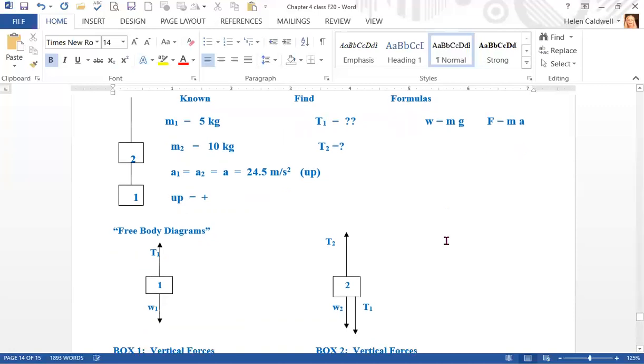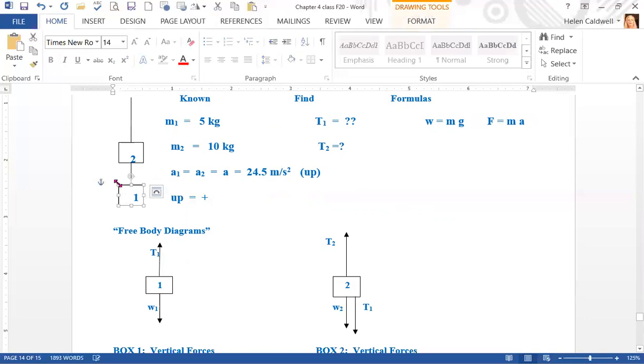So we have two objects. We're going to have two free body diagrams. For box 1, T1 goes up, weight 1 comes down. Here is box 1, the 5 kilogram box. Guess I should have made it smaller.